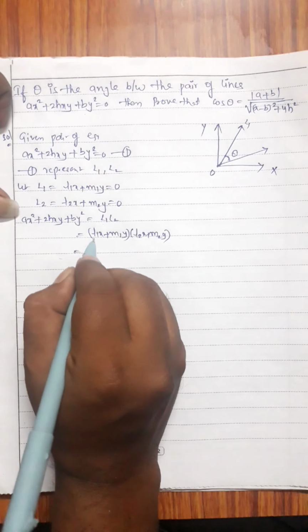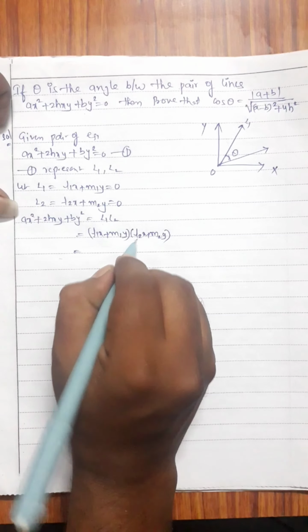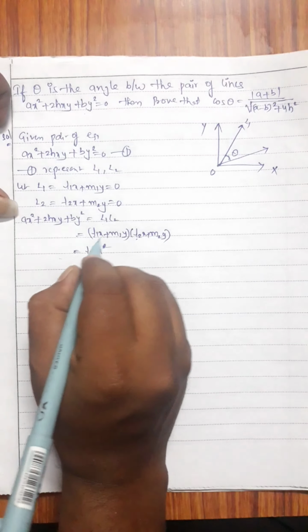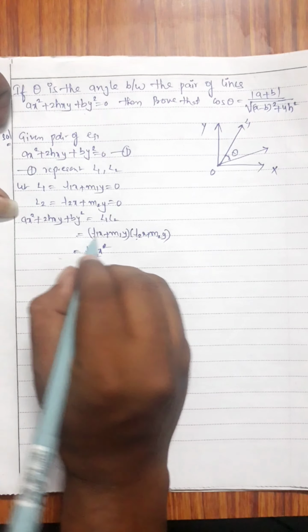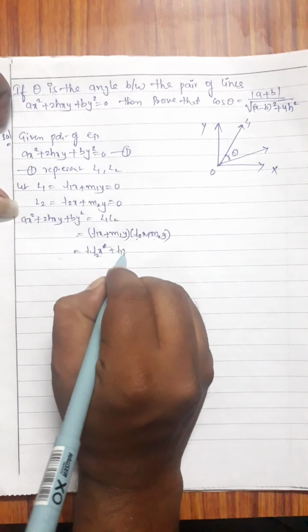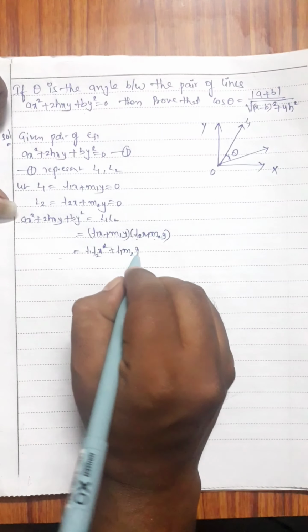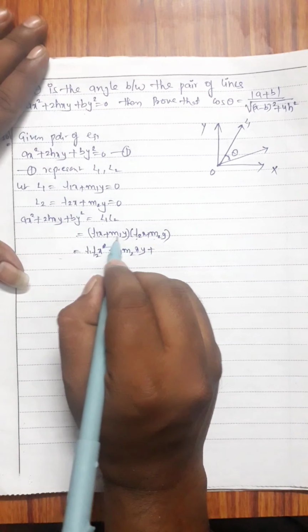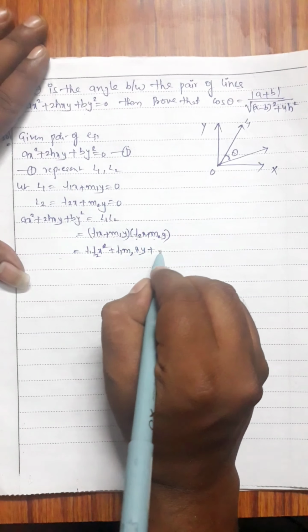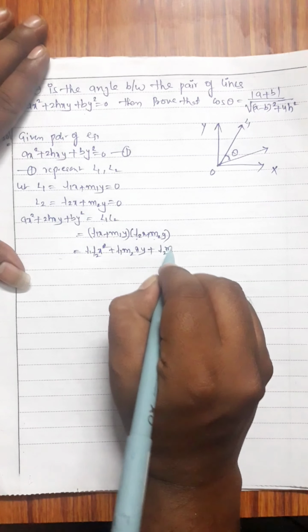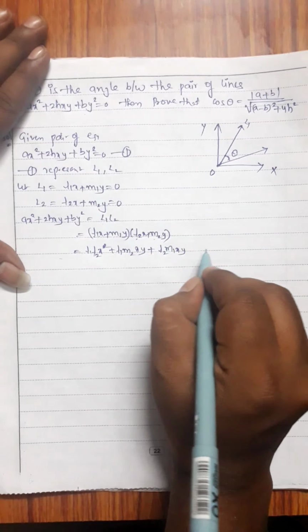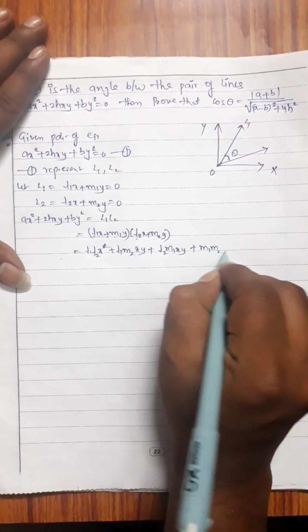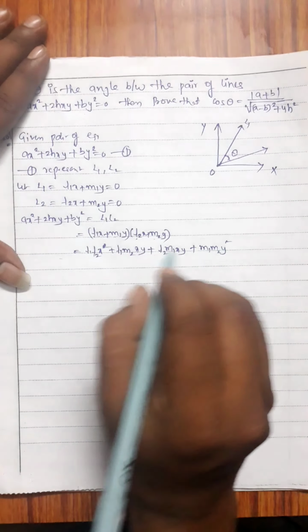Now multiply them: l1 l2 into x square, then the second term l1 m2 into xy, then plus m1 l2 xy, plus m1 m2 into y square.